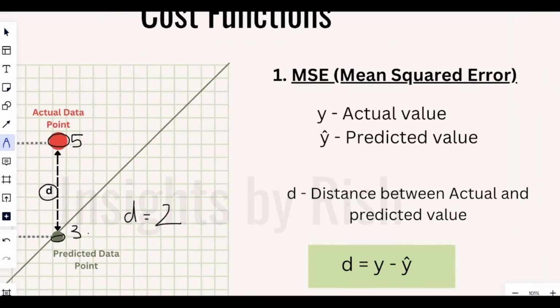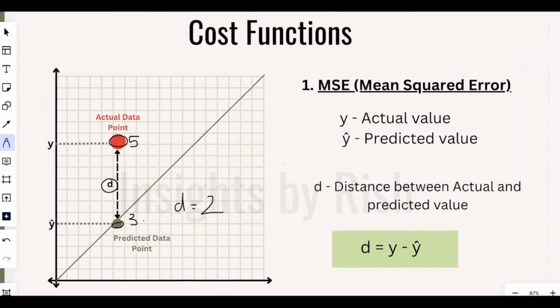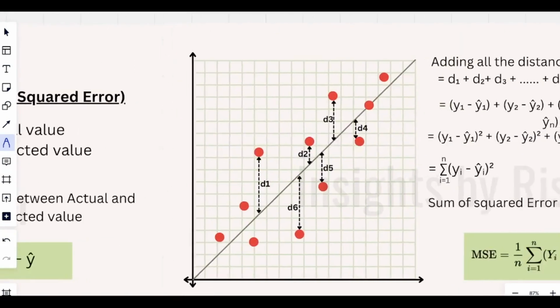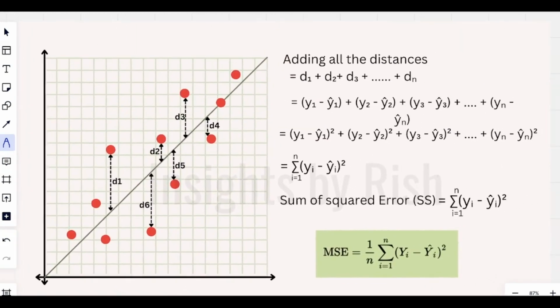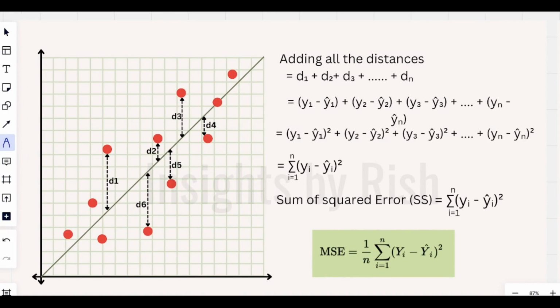So the first cost function that we have in linear regression is mean squared error, MSE. As in the previous slide, we took the difference of only a single data point for an example. Similarly, you have multiple data points and you have to take the difference for every data point. You have to do this for all n data points.